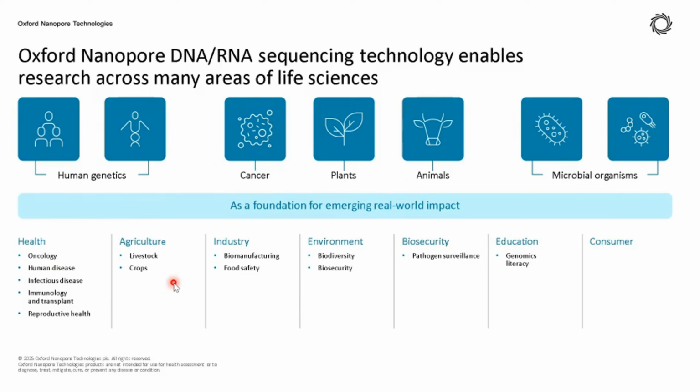For agriculture, it can be used for the detection of genetically modified organisms or mutations that generate GMO. For the food sector, it can be used for food safety monitoring, which will be the focus of today, as well as environment and biodiversity study, surveillance for biosecurity, and so on.